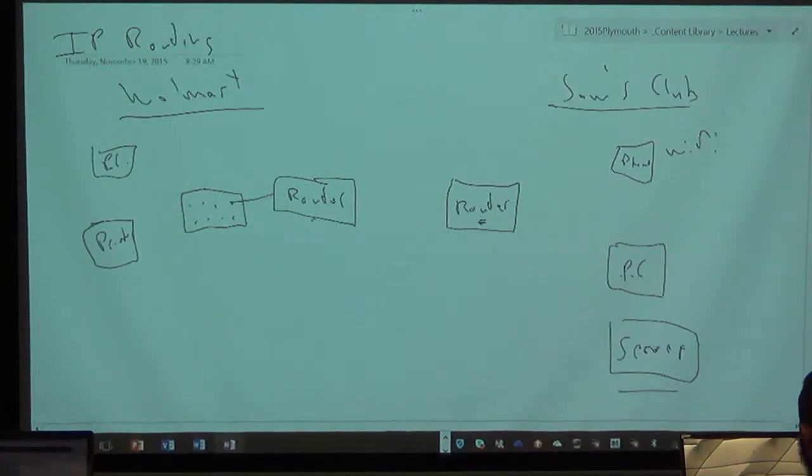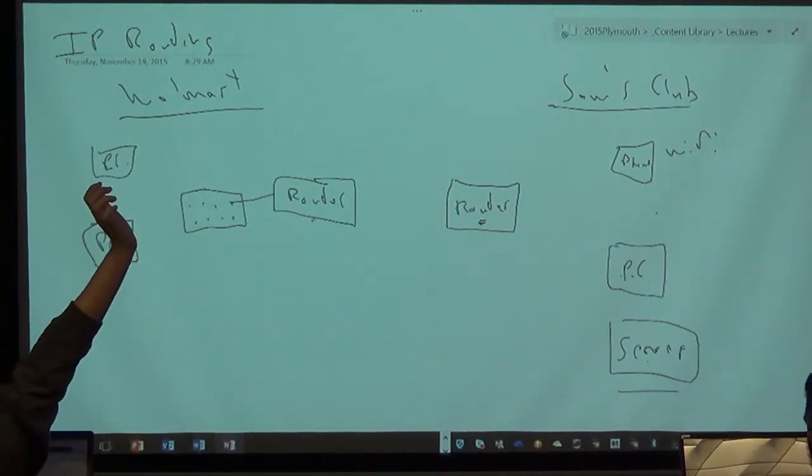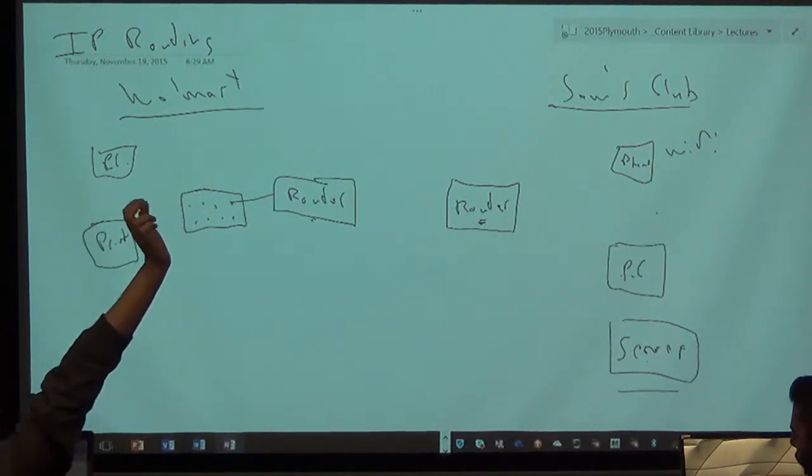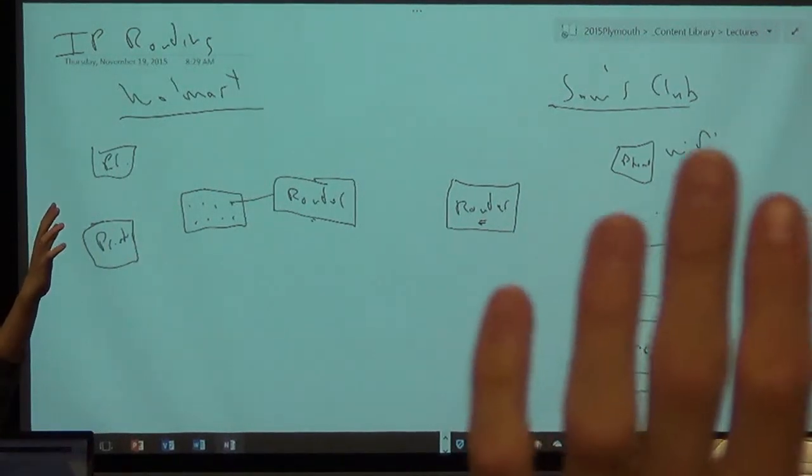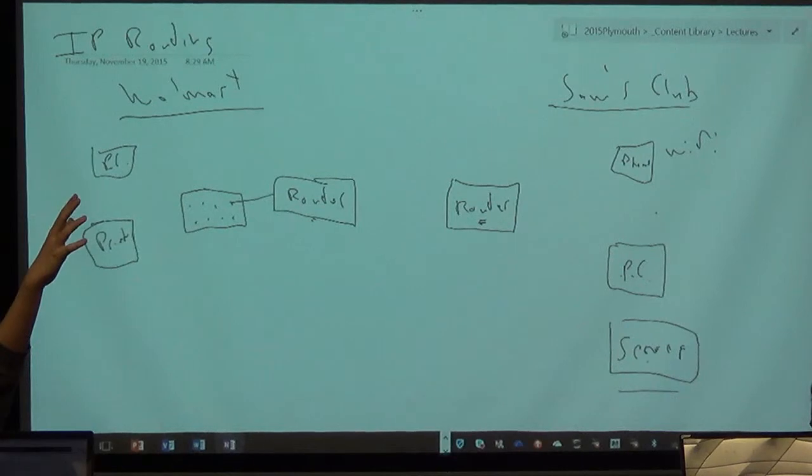How about this PC and this server? How's it connected? There's something between the router and these devices that we're probably going to use. Frank? Switch. Thank you.